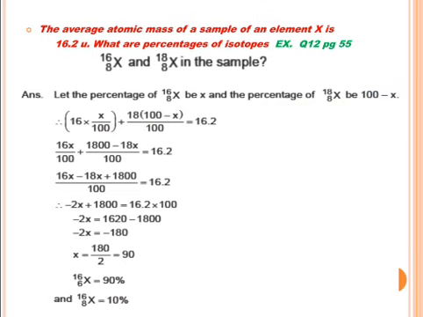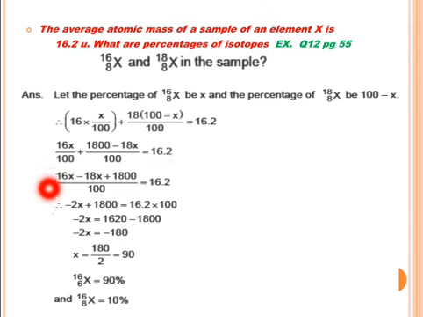Now by putting the values in the general equation, we can calculate the percentage. See, on multiplying 16 with x upon 100, it comes out to be 16x upon 100, plus on multiplying 18 with 100 minus x, it comes out to be 1800 minus 18x upon 100, is equal to 16.2.